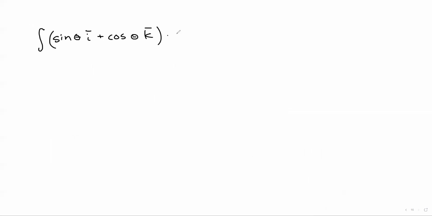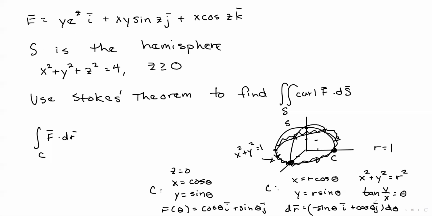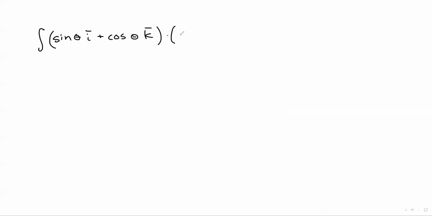All right. And then we're going to dot that with our dr, which is negative sine theta i plus cosine theta j, and it's 0k d theta.